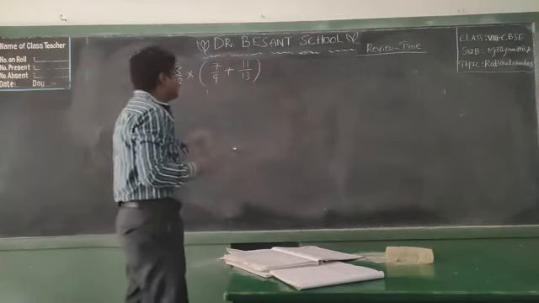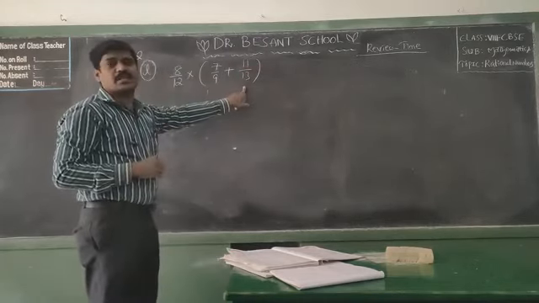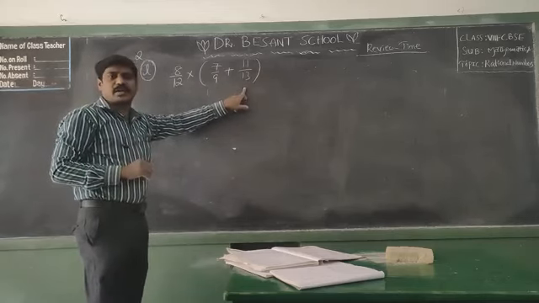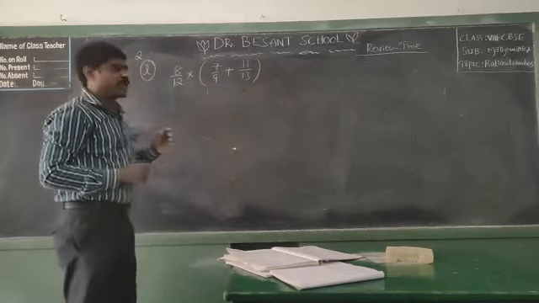A into B plus C is equal to A into B plus A into C. Like this, the distributive property we can use, and directly also we can do this.